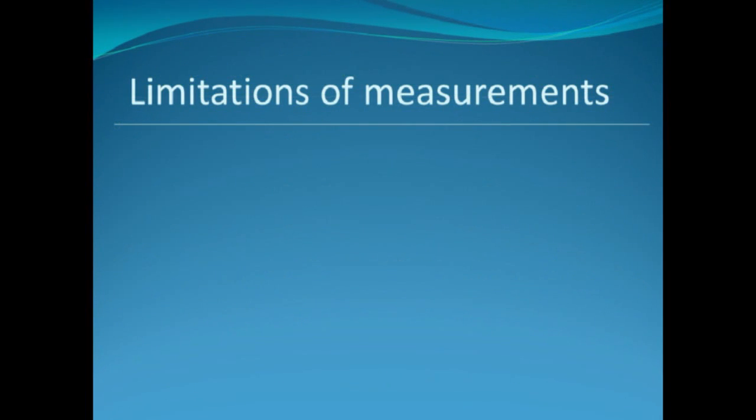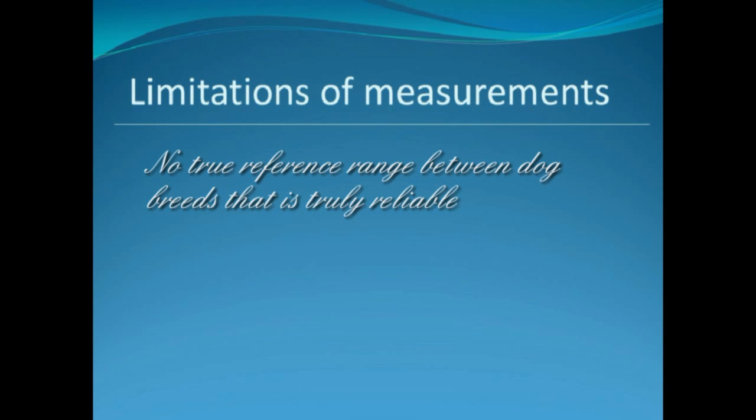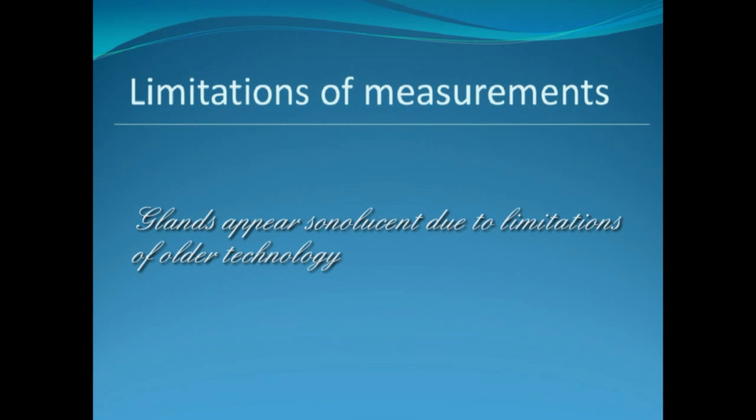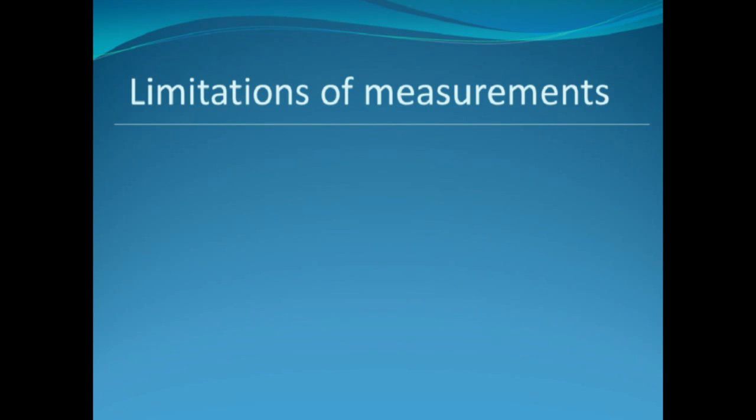So the limitations of measurements: there's no real true reference that I would hang my hat on and be totally confident with the diagnosis of Cushing's disease. Secondly, the glands appear to be sonolucent due to limitations of older technology. If you look at the images that we posted there, the adrenal glands are uniformly hypoechoic or sonolucent.